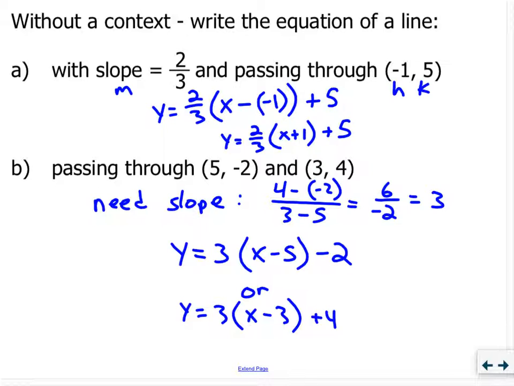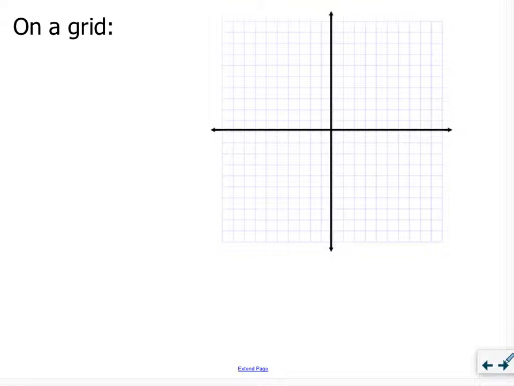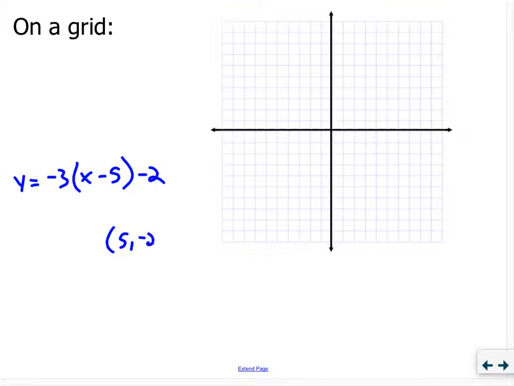Now, let's talk about how to graph from this equation as well, because graphing from this equation is pretty easy to do. And I'm going to take one of my 2 equations from before. I'm going to take my y equals -3 times x subtract 5 minus 2. So I know my point is the point 5, -2.